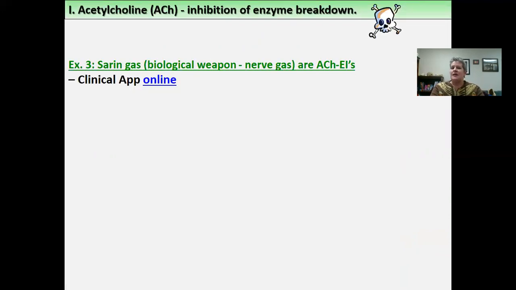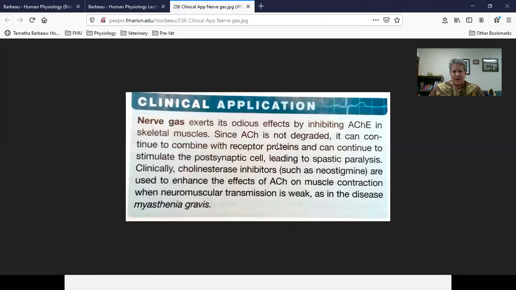Okay, last example, not all of them, but the last one I'm going to cover. Sarin gas is a weaponized gas used as a biological weapon. It has been used in other countries, and there's a clinical app for it online, which, if you click this app, comes up right here when you're online, and it says nerve gas exerts its odious effects by inhibiting acetylcholinesterase in skeletal muscles and other things.